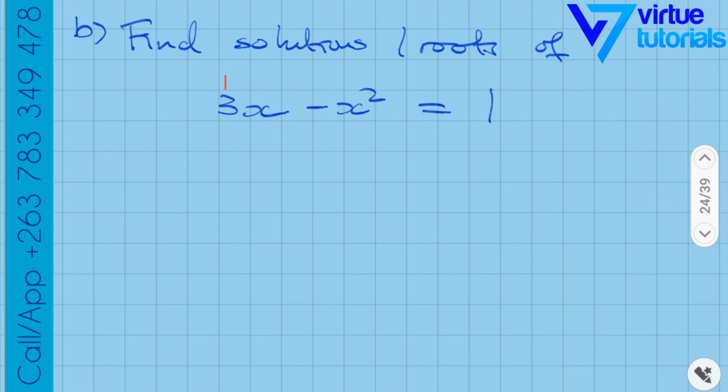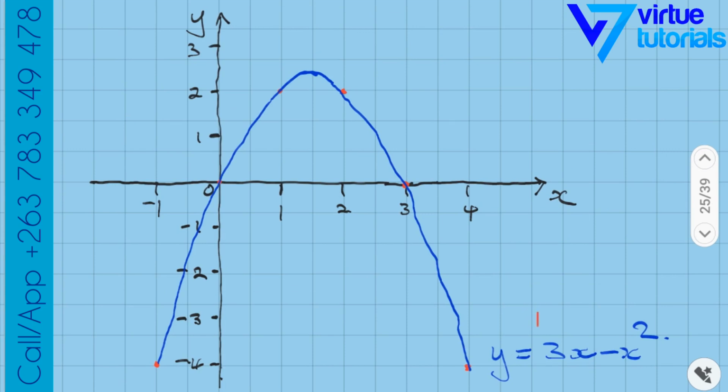Now, let's say we're looking for the solutions or roots of 3x minus x squared is equal to 1. Let me remind you again, this question usually comes after you've already drawn the curve y is equal to 3x minus x squared.